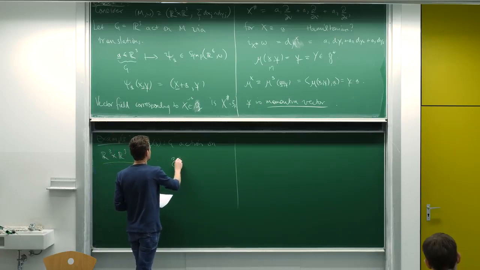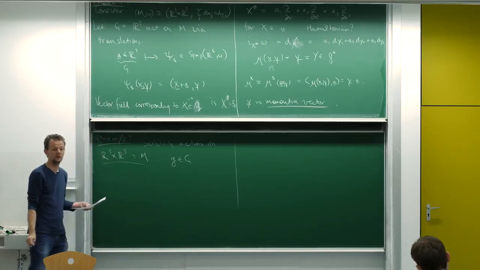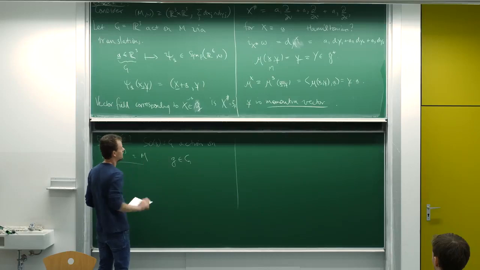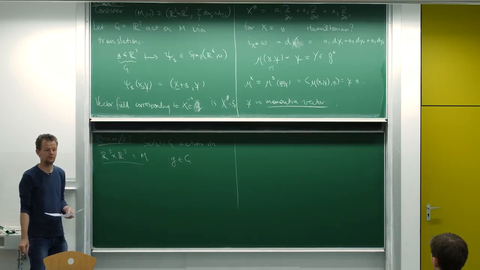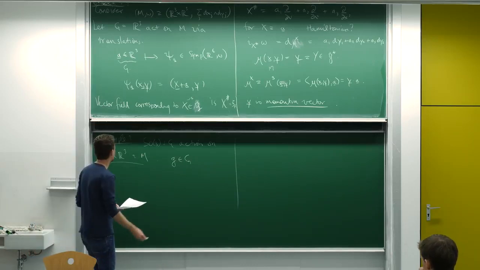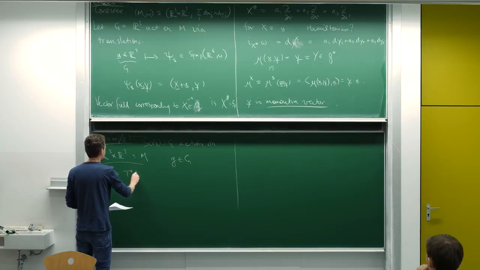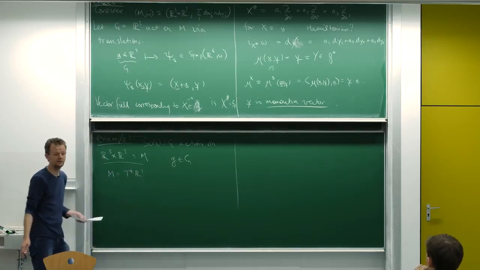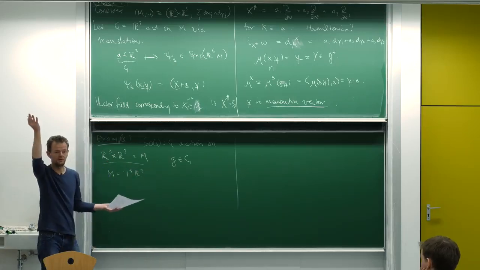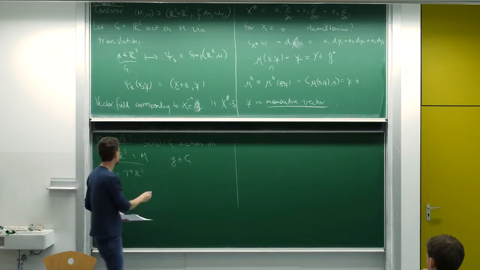So given a G, we need to find a symplectomorphism acting on M for every G. So this is, we discussed how to do that because M is the cotangent bundle of R3. And we have an action, a diffeomorphism acting on R3, which we can lift up to a symplectomorphism on this symplectic manifold here.